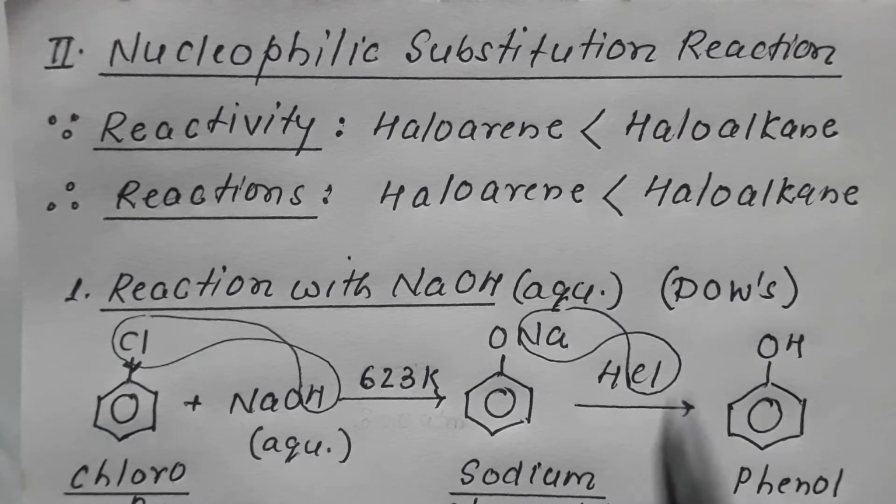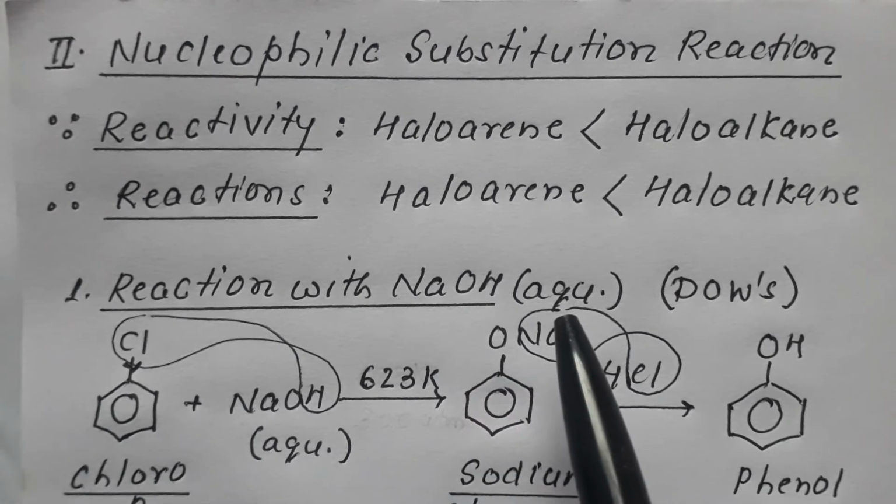They are lesser in number and difficult to occur. So all reactions taking place in haloarene are under difficult conditions. One of the very important reactions is the reaction of haloarene with aqueous NaOH.